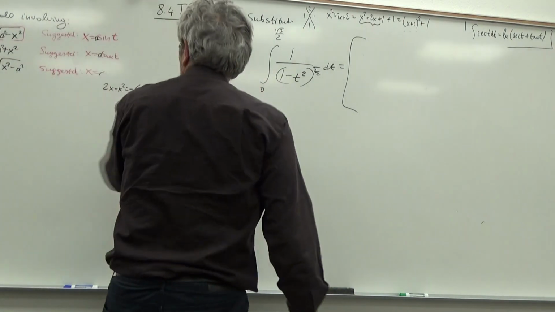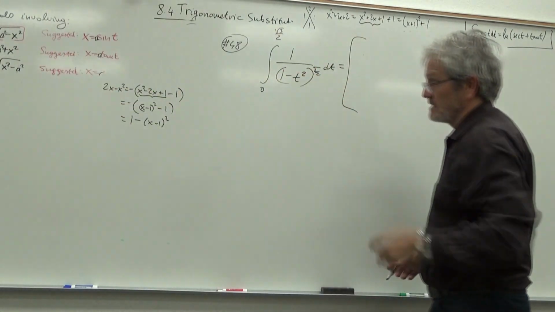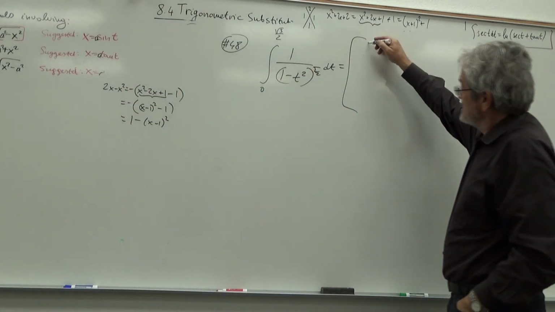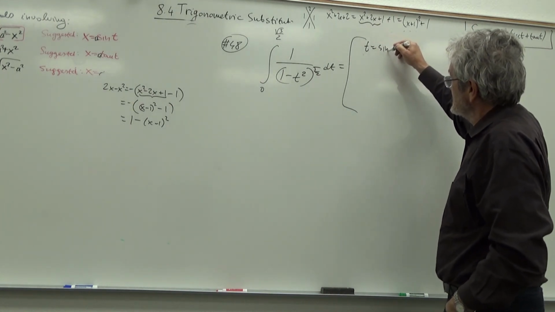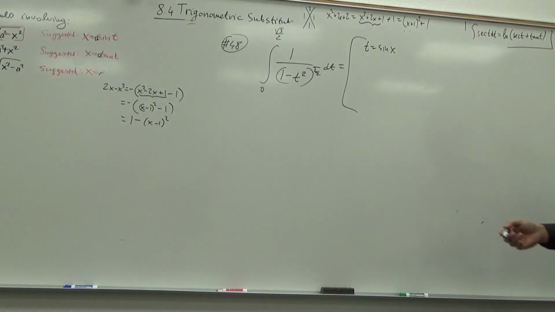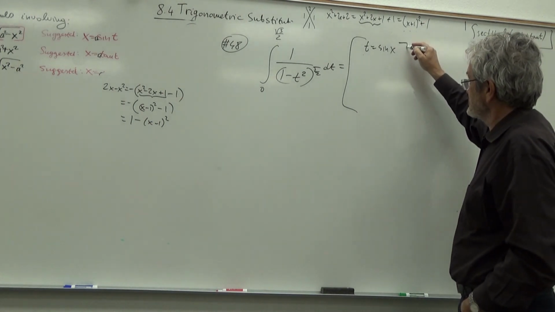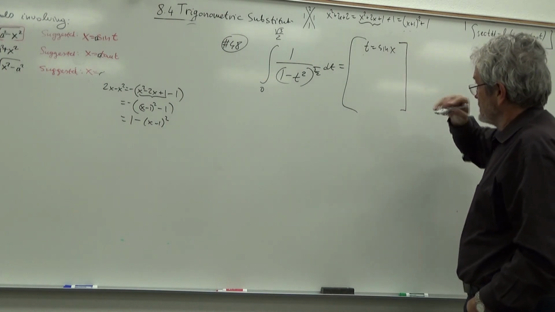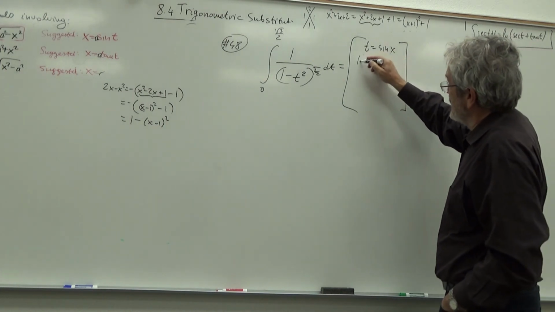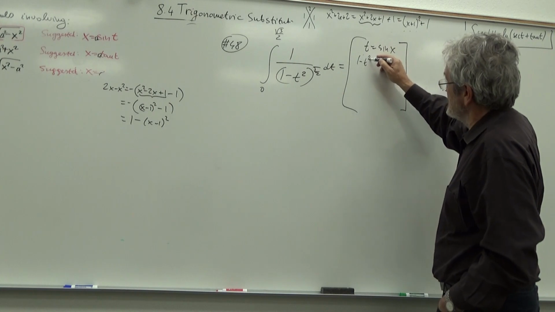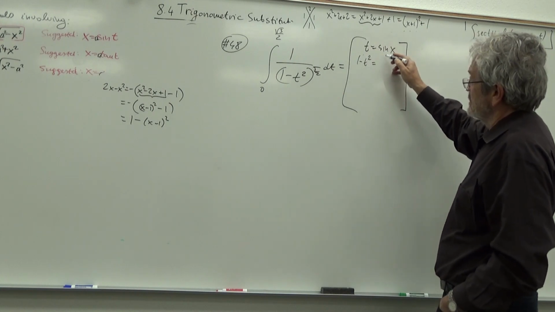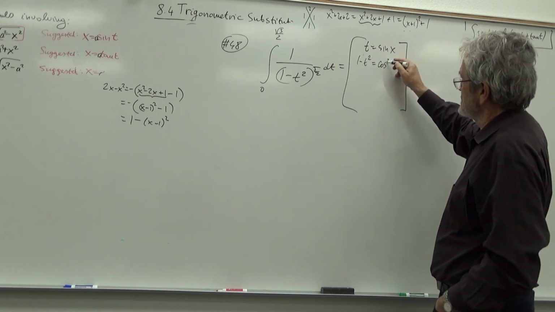Obviously the same thing that we did all day long. That's line number 1. So t equals sine x. Usually we replace x as sine t, and here t was there, so we use x as angle. Then 1 minus t squared is actually 1 minus sine squared, which is cosine squared x.